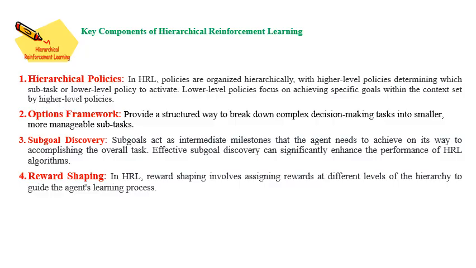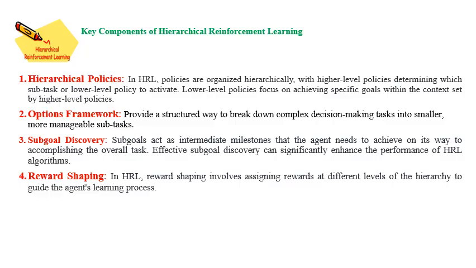And finally, the last component is reward shaping. In HRL, reward shaping involves assigning rewards at different levels of hierarchy, and this reward naturally guides the learning process of the agent.